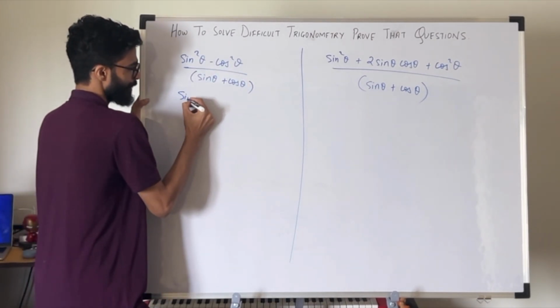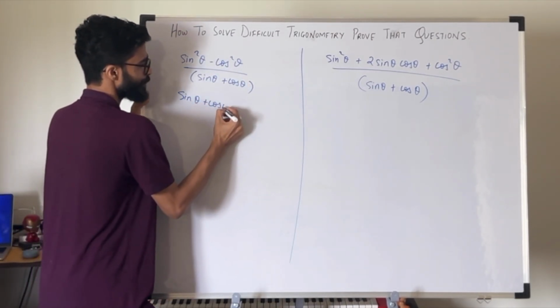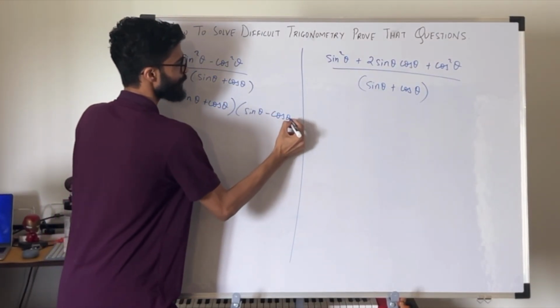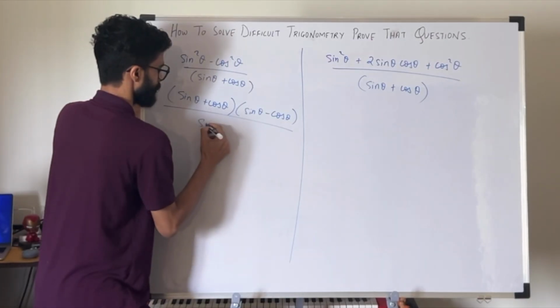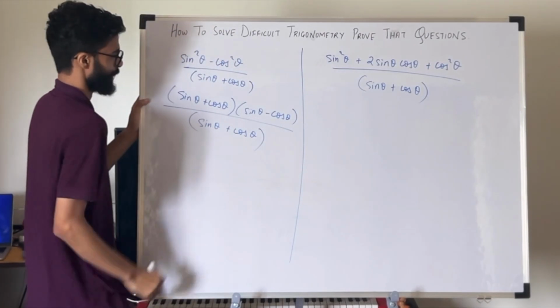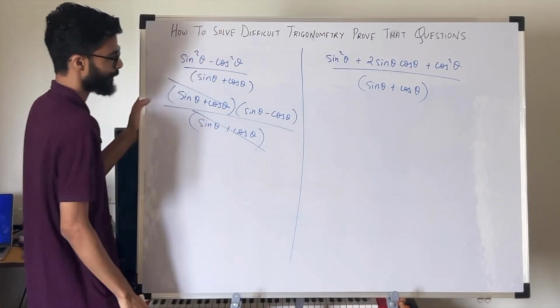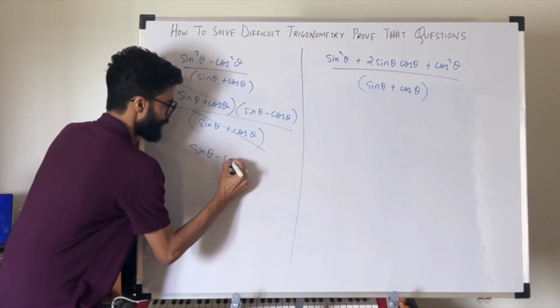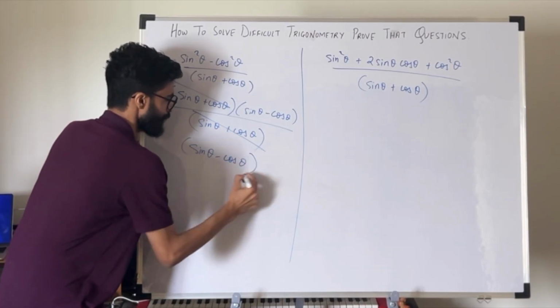I can write this as sin theta plus cos theta into sin theta minus cos theta upon sin theta plus cos theta. If I cut sin theta plus cos theta, after simplification, I am getting sin theta minus cos theta.